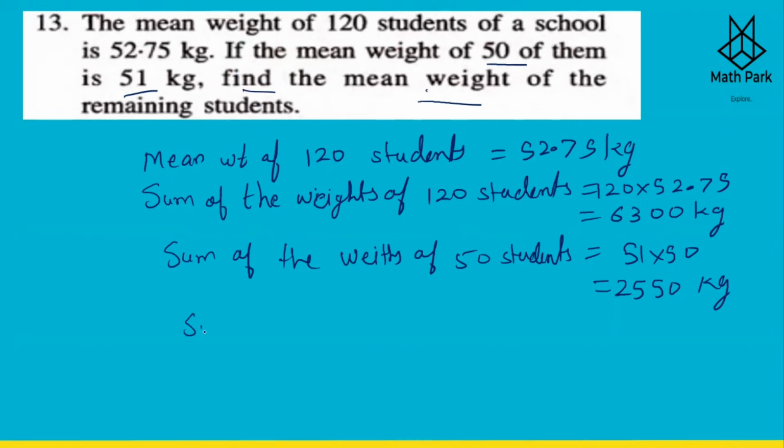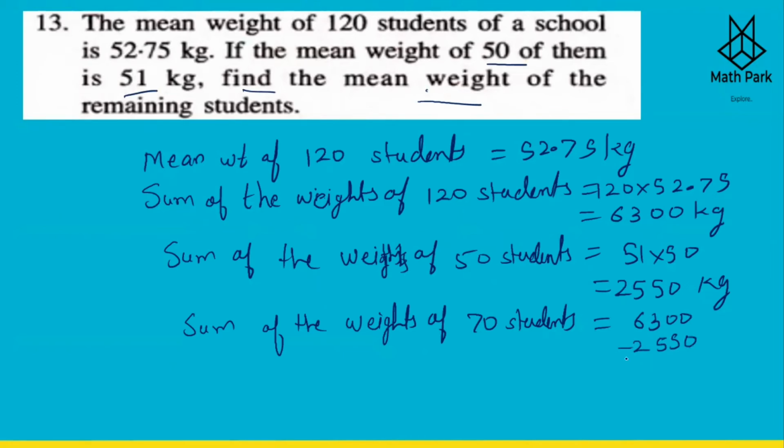So we find the sum of the weights of the remaining, that is 120 minus 50, 70 students, which will be equal to 6,300 minus 2,550, which is 3,750 kg.